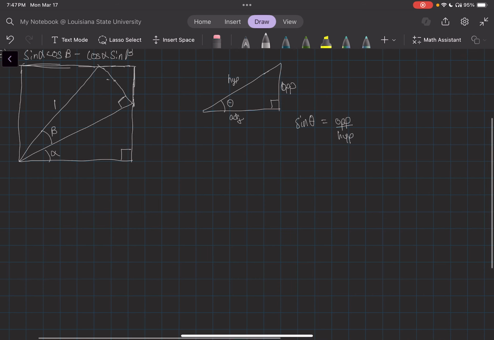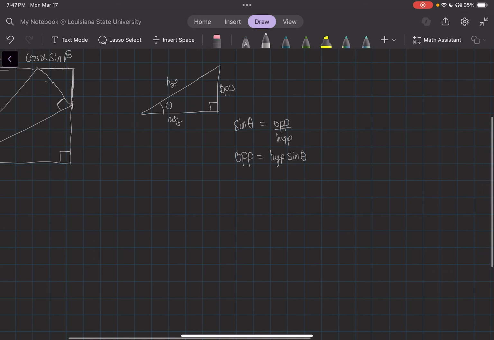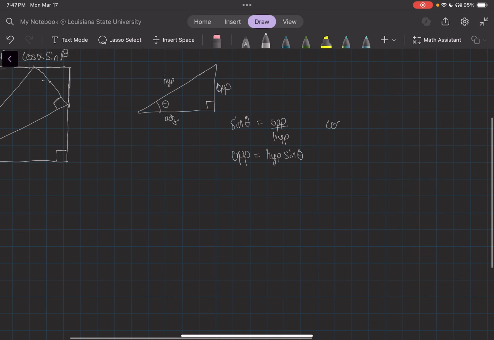So we can then argue that the opposite is equal to the hypotenuse times sine of our angle, and then cosine of some angle would be the adjacent over the hypotenuse. So the adjacent side of some angle would be the hypotenuse multiplied by cosine of that angle.